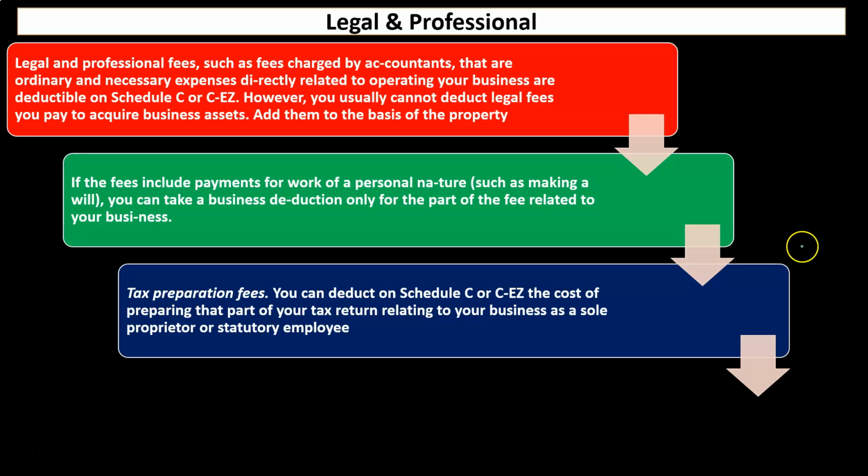The part of the fee related to the Schedule C business may be deductible on the Schedule C, which would be good. So you'd want to take advantage of that, putting the deduction for the tax preparation there, at least for the portion that would be applicable to the business. The amount that's applicable to the personal side may not be deductible.